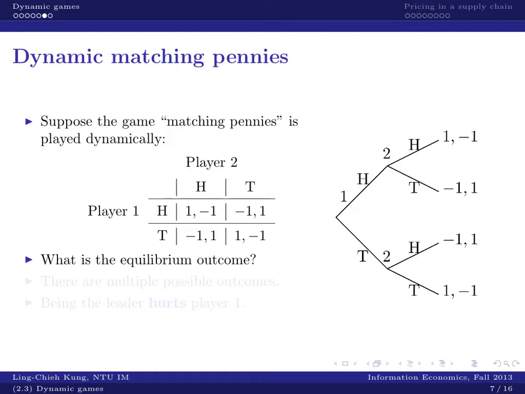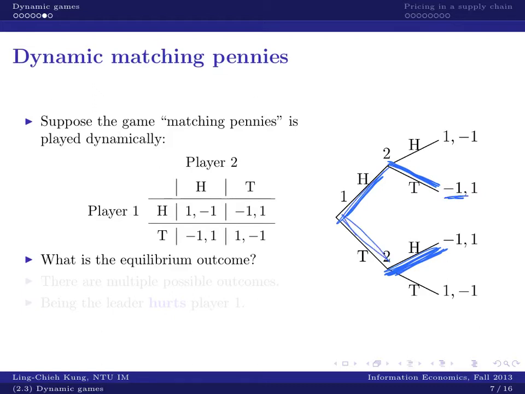So now we want to find the equilibrium outcome. Again, player 1 will predict what player 2 will do. If player 2 sees a head, player 2 is going to choose tail. If player 2 sees a tail, she's going to choose head. Knowing that, player 1 is now hopeless, because if player 1 chooses head, eventually he will get negative $1.